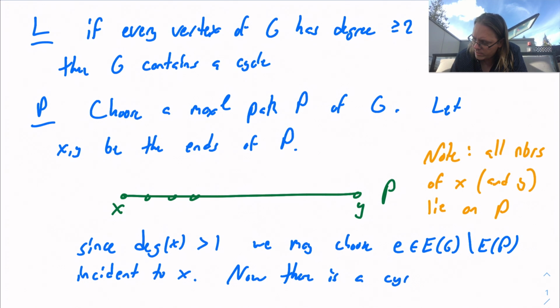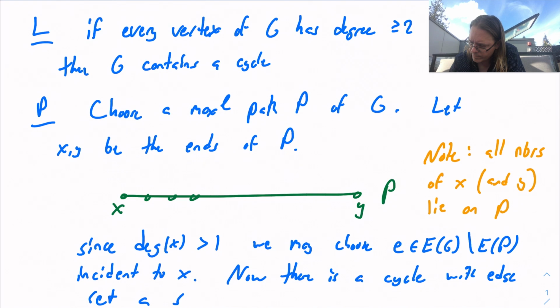There's a cycle using a subset of the edges of the path together with this new edge e I found.